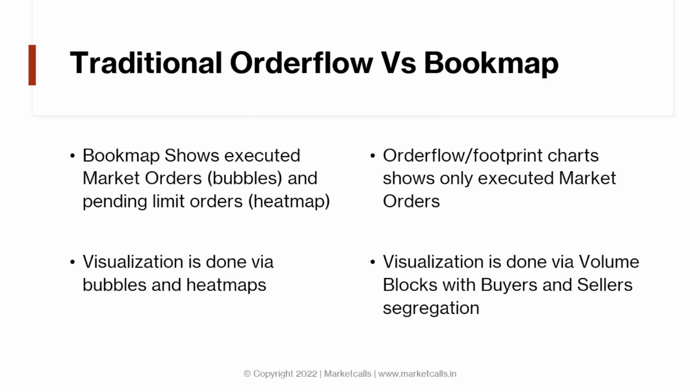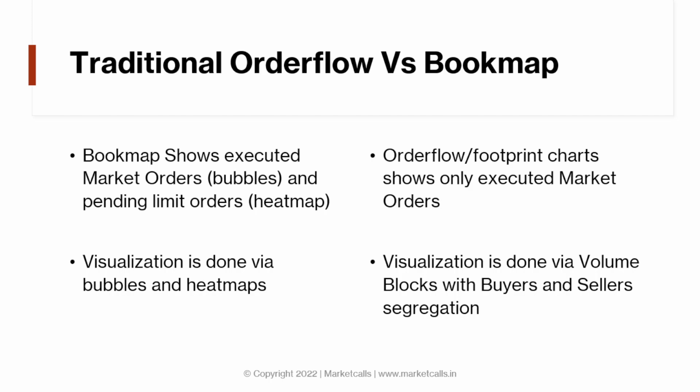If level 2 or level 3 data is there, you'll be able to see both market orders in the form of bubbles and pending limit orders in the form of a heat map. Whereas order flow or footprint charts show only the executed market orders, and they don't give any interactive idea about it.